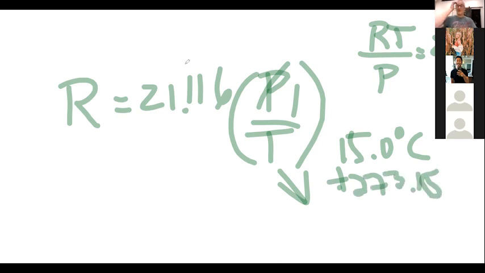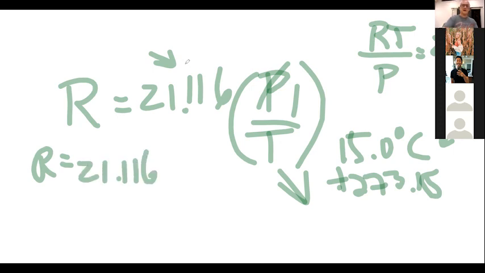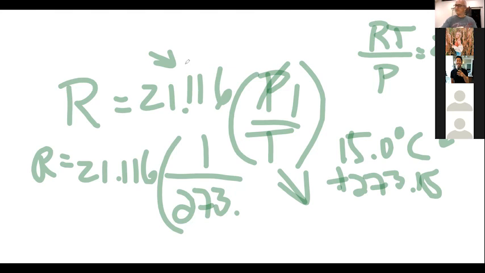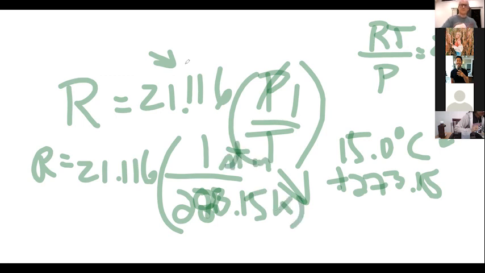Again, I'm going to use as many significant digits as I can until I get to the end. So I'm carrying 5 here, and then at the end, I'm going to round. So R is equal to 21.116 times 1 over 288.15 K atmospheres.